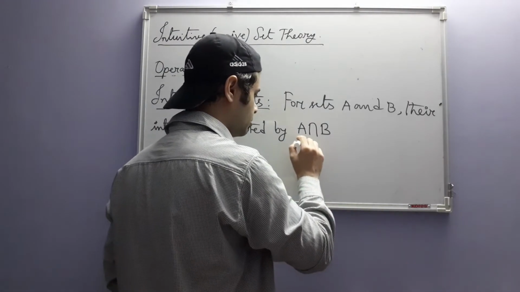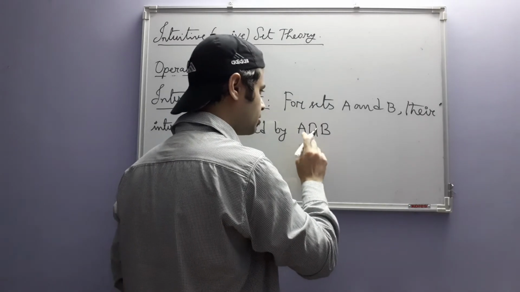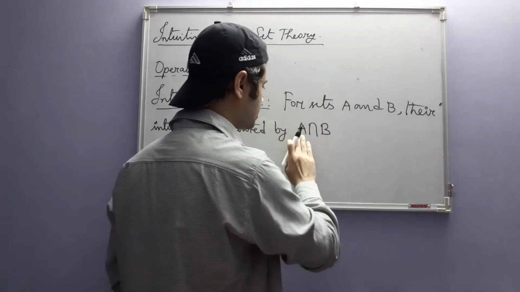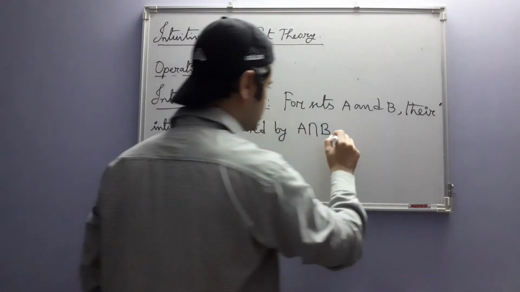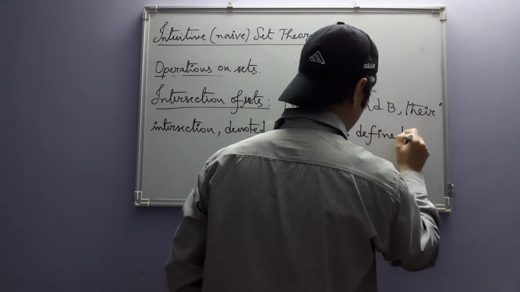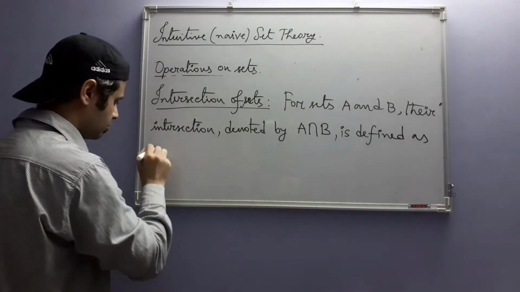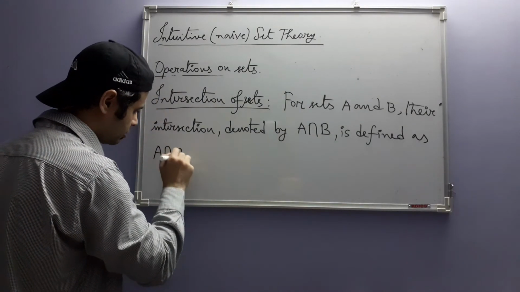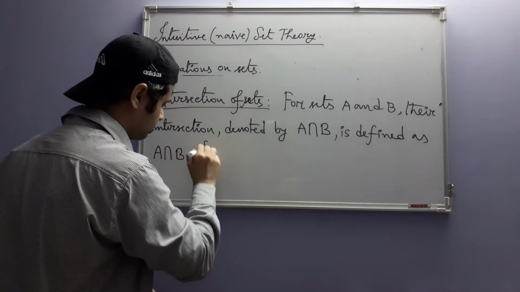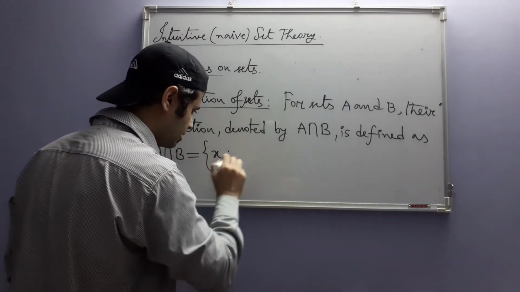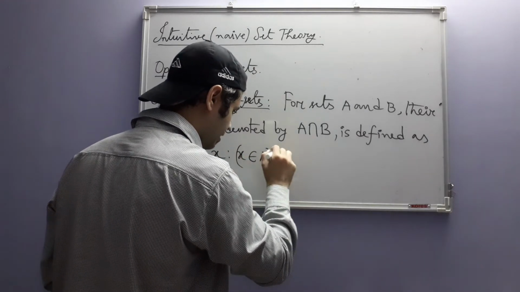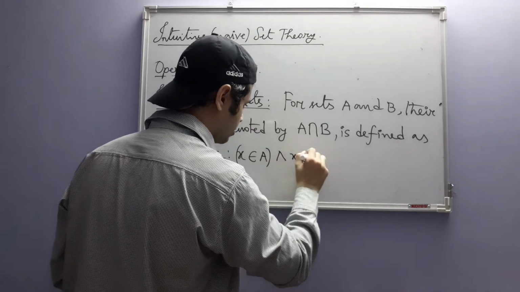It is called, okay, I'm coming to those things later, what it's called and all those things. So it is denoted like this, is defined as A intersection B. It's called like that, A intersection B. It is the set of those elements X such that X belongs to A and X belongs to B.